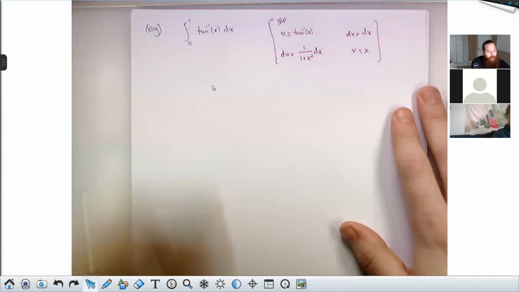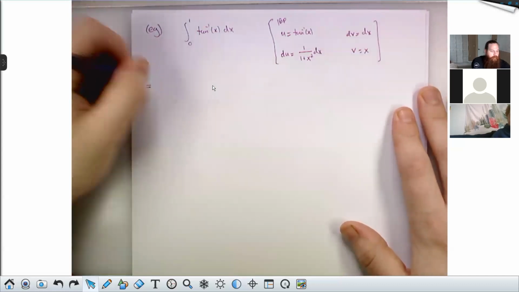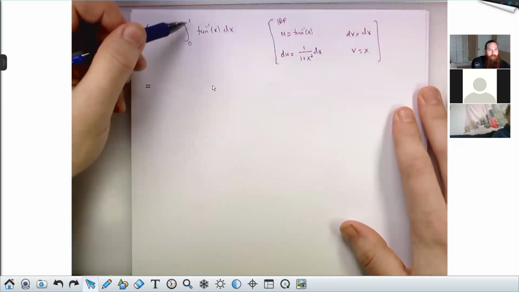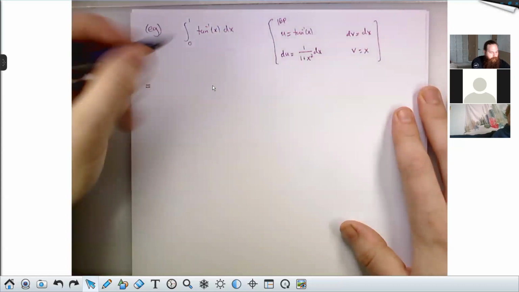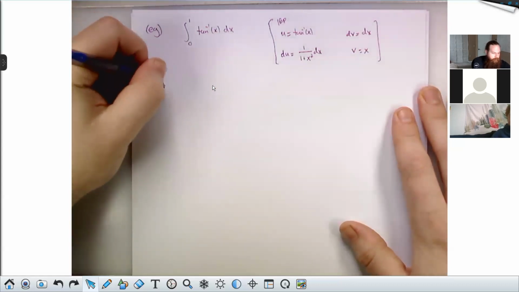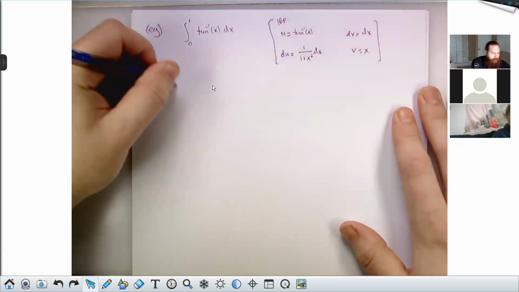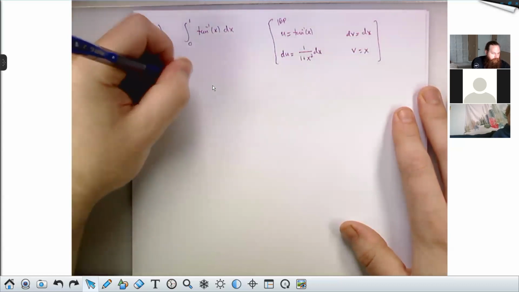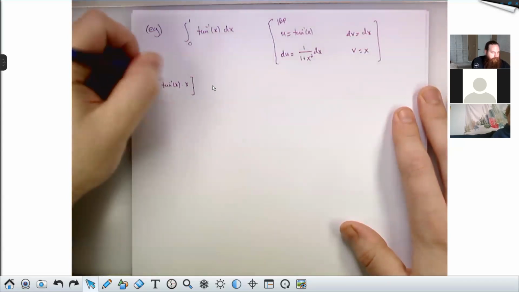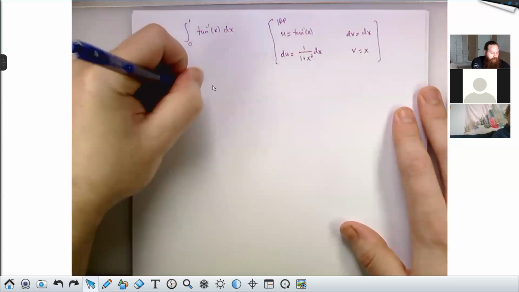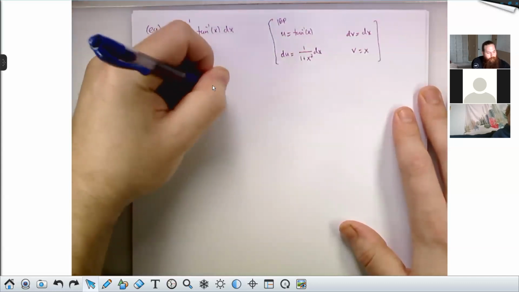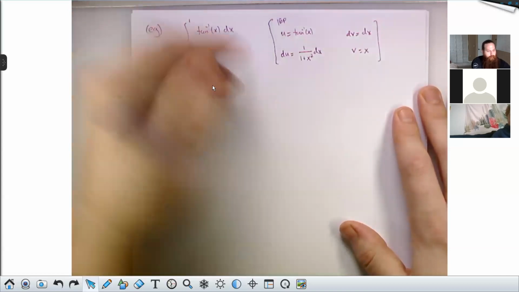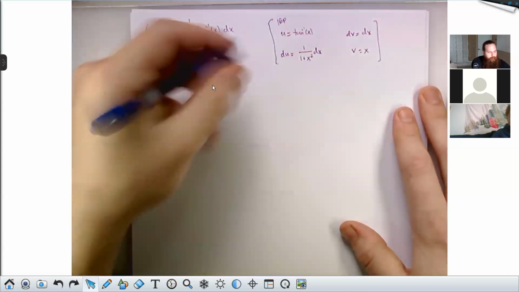So then according to my IBP formula, and now I'm using the formula for definite integrals because this is a definite integral, I'll have u times v evaluated between bounds. So that's the inverse tangent of x times x itself evaluated from 0 to 1 minus the integral from 0 to 1 of v times du.